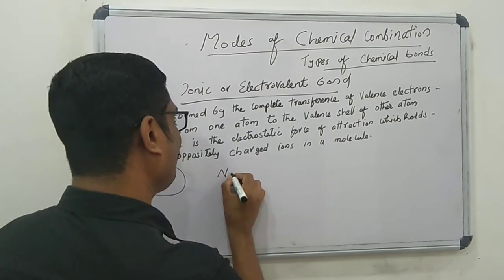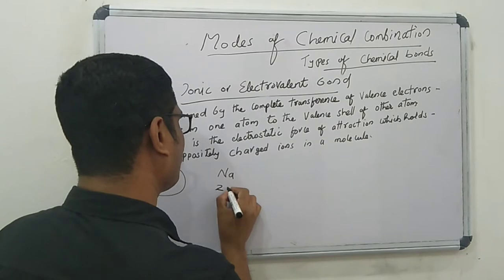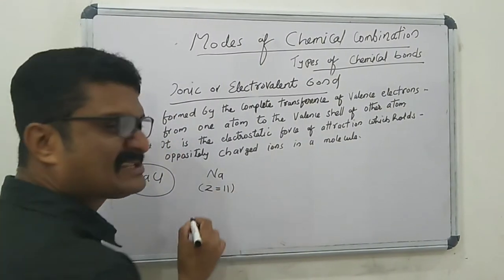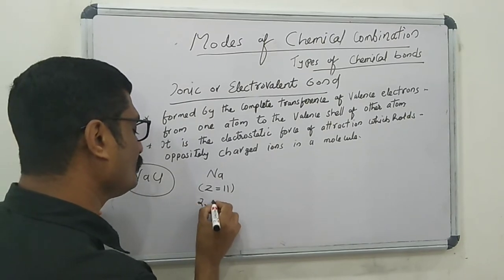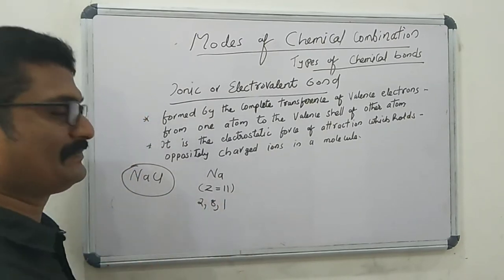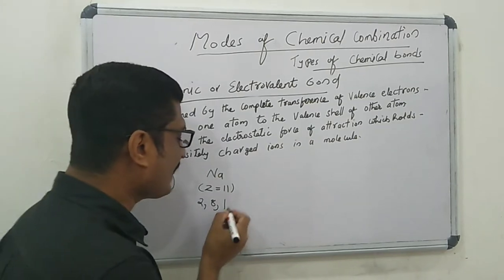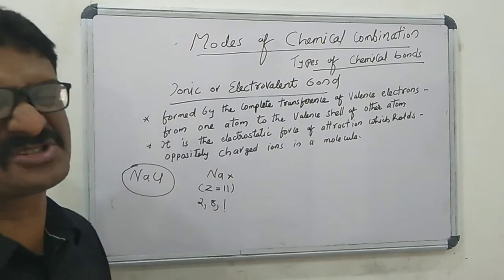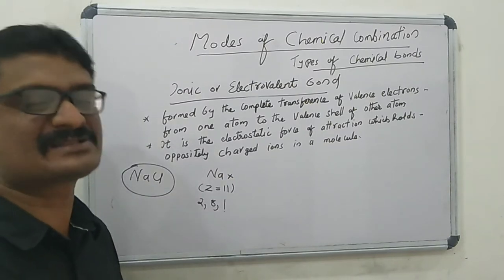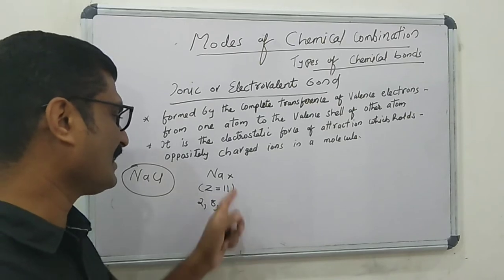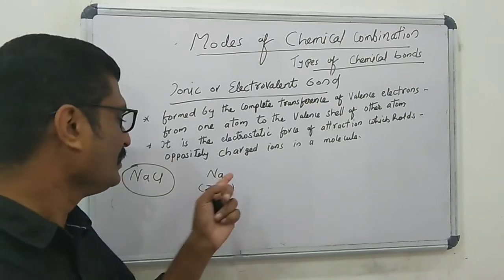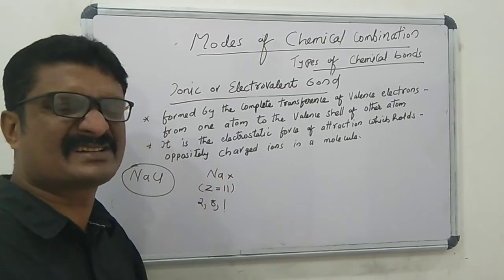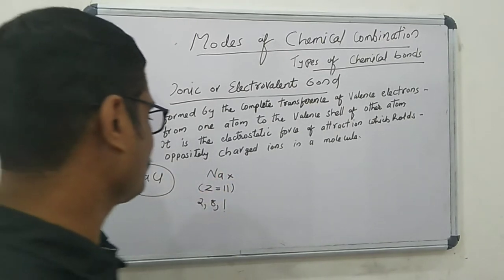Sodium has atomic number 11 and its shell-wise electronic configuration is 2, 8, 1. That means the sodium atom has one valence electron in its outermost shell. This valence electron can be represented using a cross. This is the Lewis symbol of sodium.